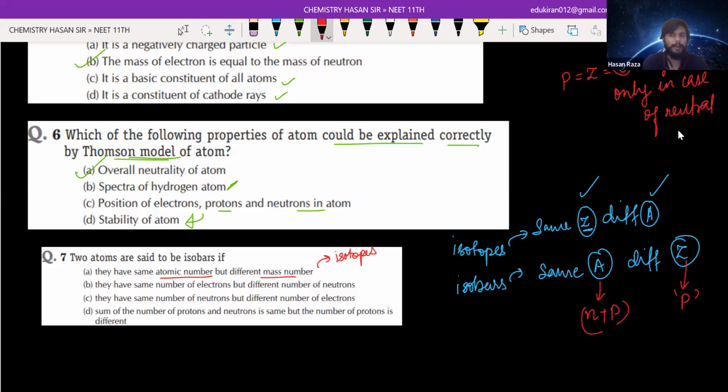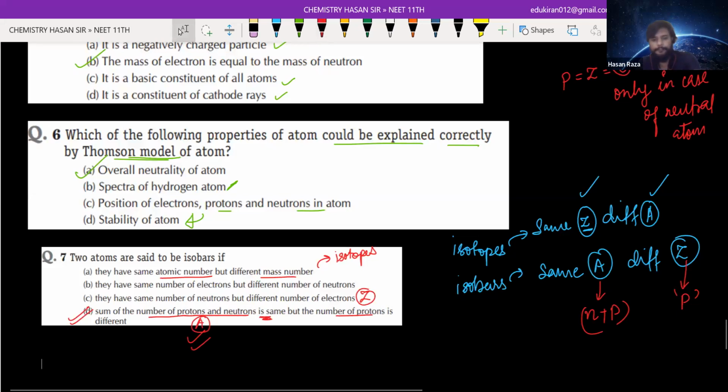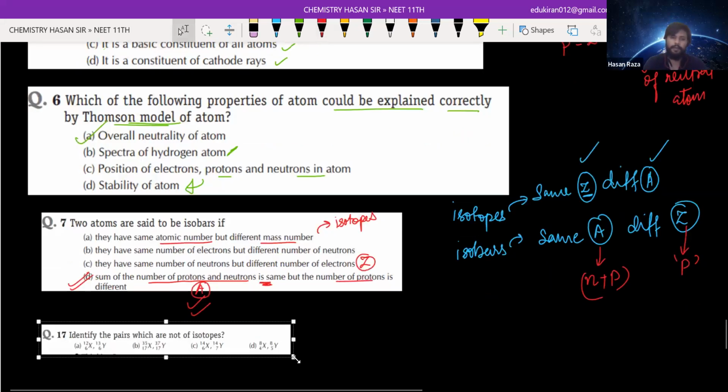Are you getting my point? Yes, sir. So for the correct option, you can see the sum of the number of proton and neutron, that means the mass number, is the same, but the number of protons, that means Z, is different, so the answer is D. Okay. Yes, sir. Okay, very good.